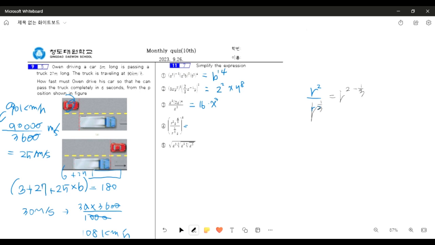Sorry. R to the 5/4, 3. Okay, using this principle, then the results are 10 times s squared.